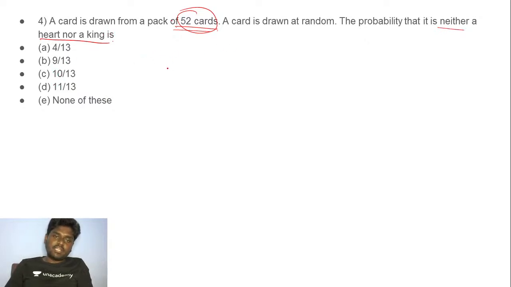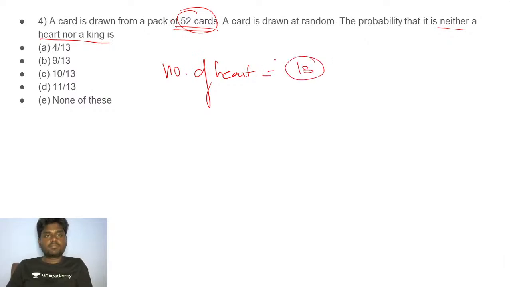First of all, we need to find the number of hearts in a 52 deck of cards. So out of 52 cards, you have how many hearts? You have 13. And if you find the number of kings, you have 4 kings in all the 4 suits. If you add this up, you'll be getting 17.